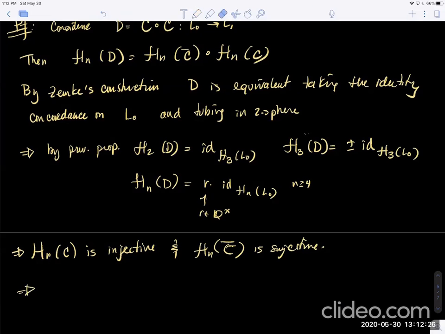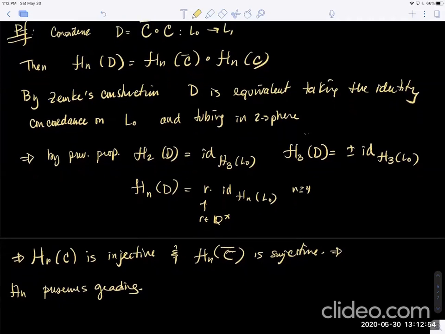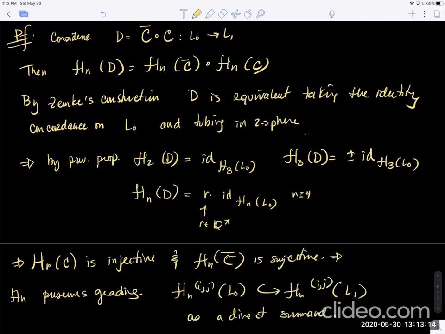But moreover, if you remember this, or you know this, I didn't get a chance to mention it, since Hn preserves grading, this map not only tells you that the induced map is injective, it actually tells you that if you take the ijth graded piece of L0, this really is getting mapped into the ijth graded piece of L1 as a direct summand.